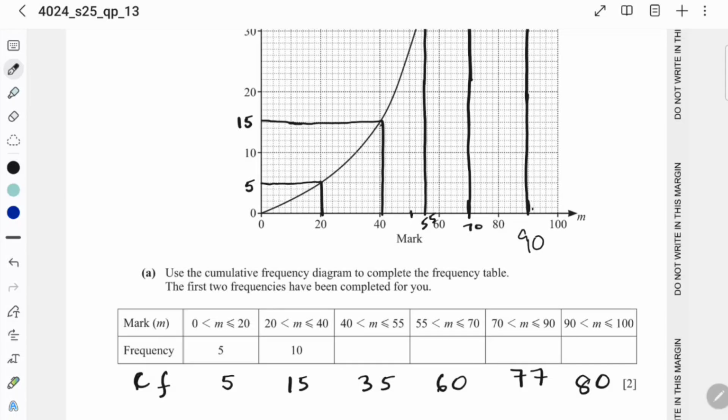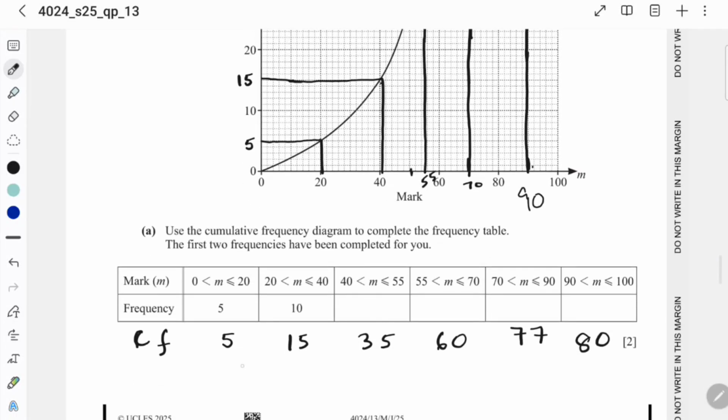Now I have to subtract it. So 5 is over there, then for 15 I'll do 15 minus 5.